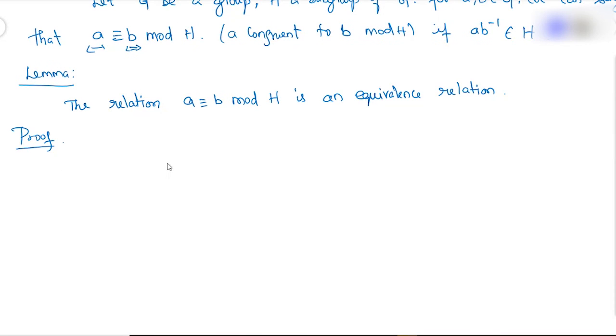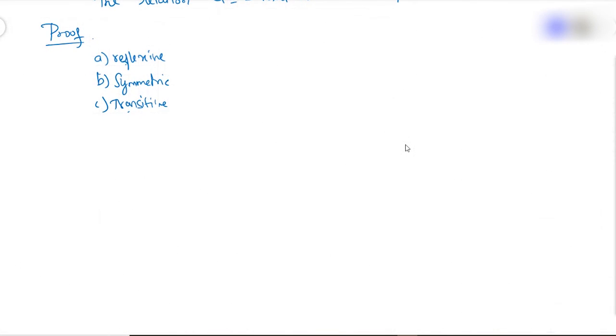This is a very simple proof. In order to prove a relation is an equivalence relation, we need to prove it is reflexive, symmetric, and transitive. First we prove reflexive.